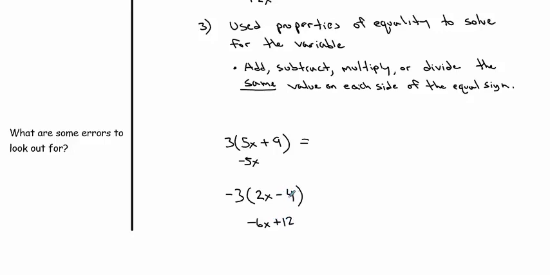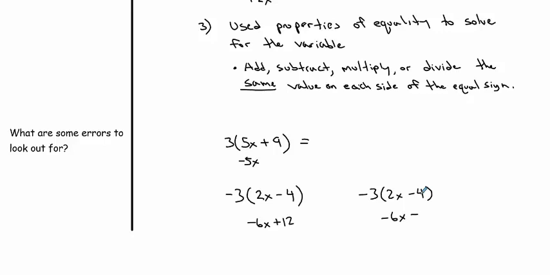But you might be thinking, well, wait a minute, that's just subtracting a positive number. Why is that negative 4? That's a positive 4, we're just subtracting it. Okay, that's true. We're subtracting 4, so we could write it like this: negative 3 times 2x minus 4. Negative 3 times 2x is negative 6x.